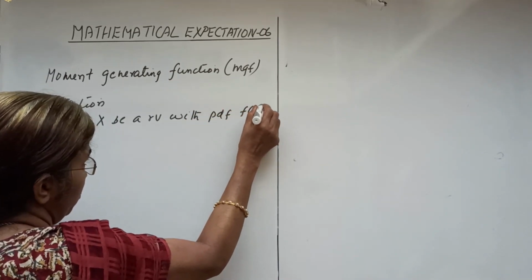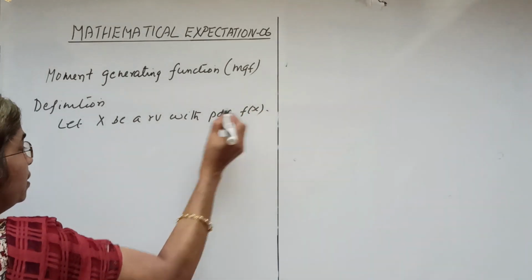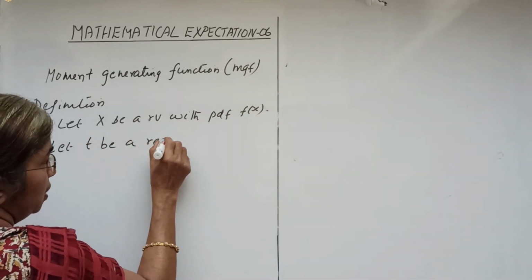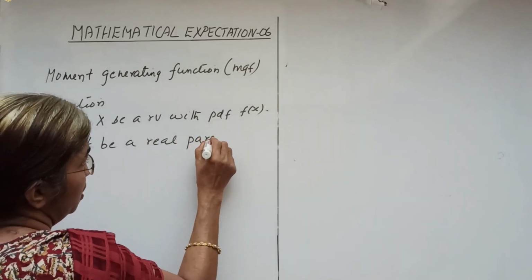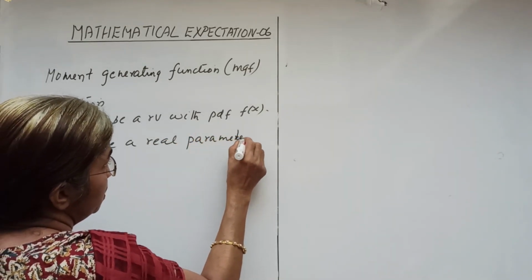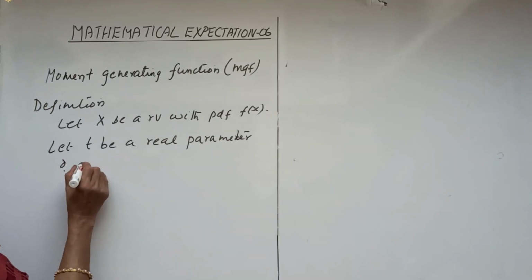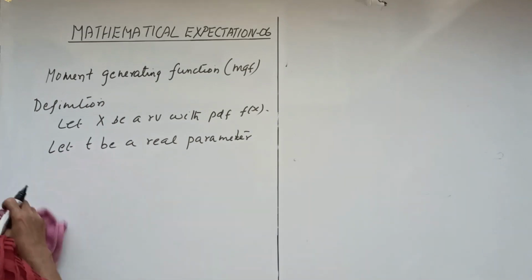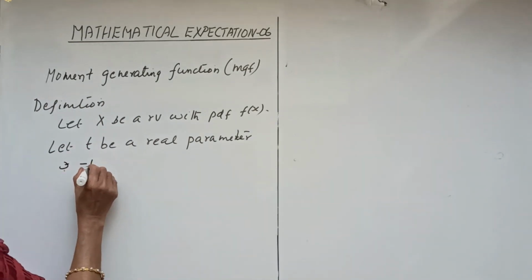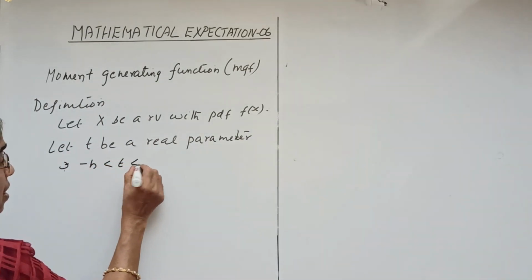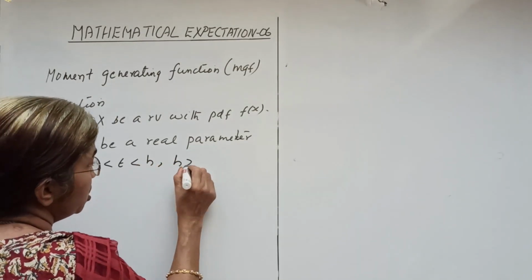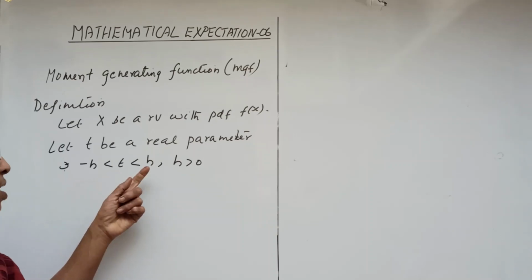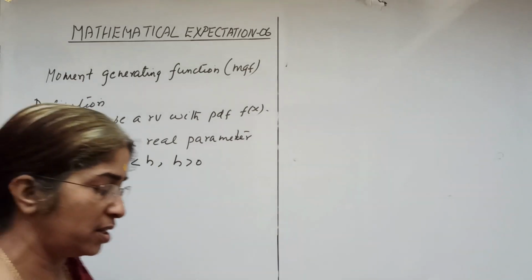And let t be a real parameter such that minus h less than t less than h, where h is greater than 0. t is defined over the interval minus h to plus h, and h is greater than 0.